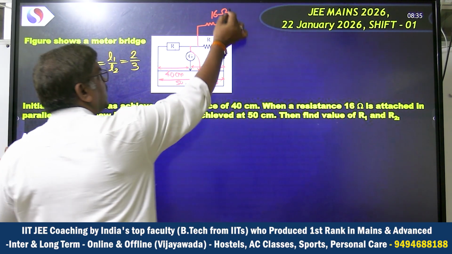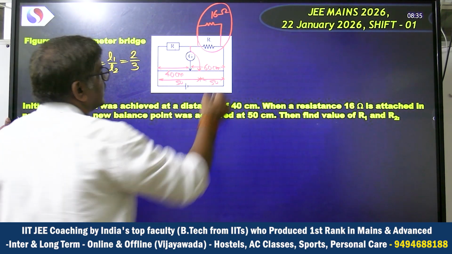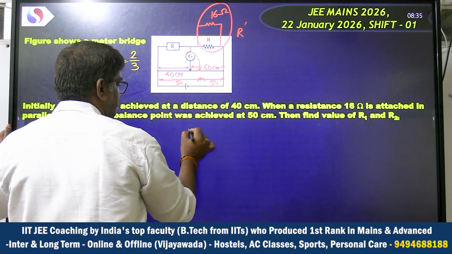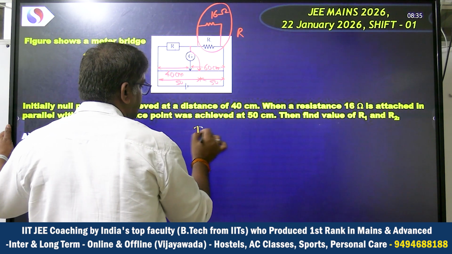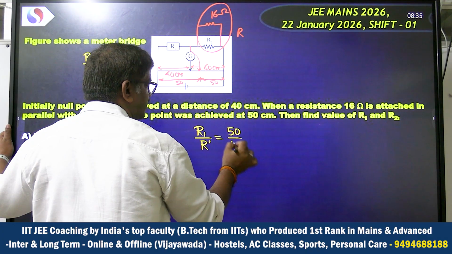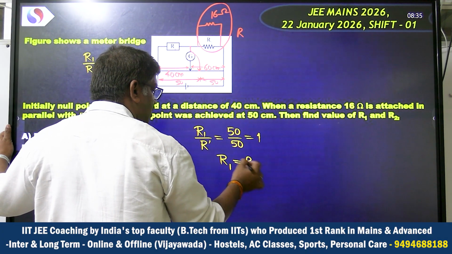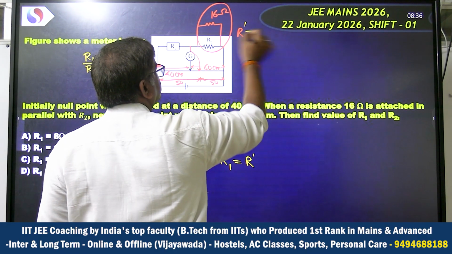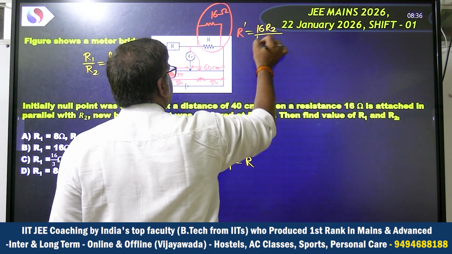Whatever the equivalent of R2 and 16 in parallel is, call it R dash. According to the balanced meter bridge, R1 divided by R dash is L1 by L2, that is 50 by 50, which means 1. So R1 equals R dash. It is easy to find R dash because R2 and 16 are parallel: 16 R2 divided by 16 plus R2.